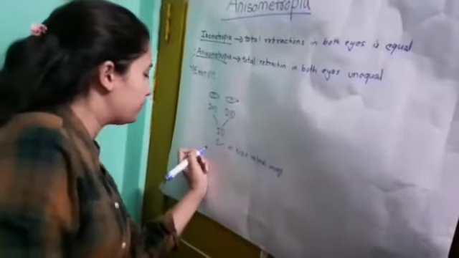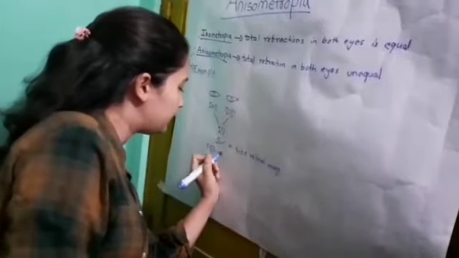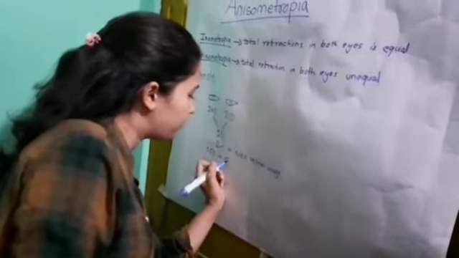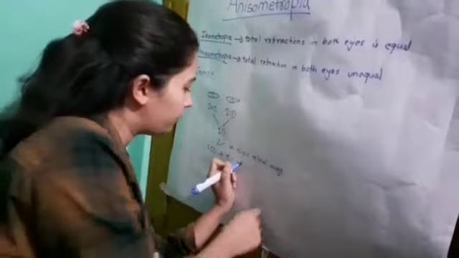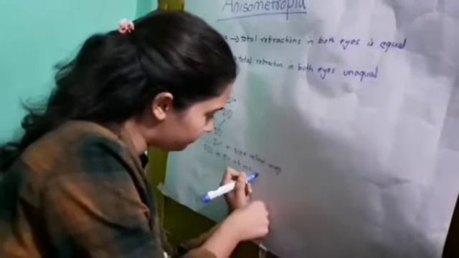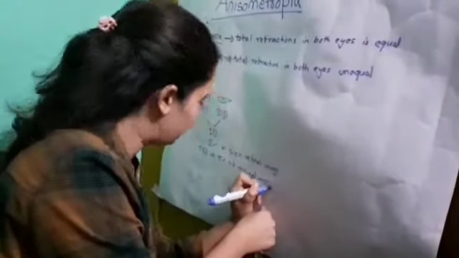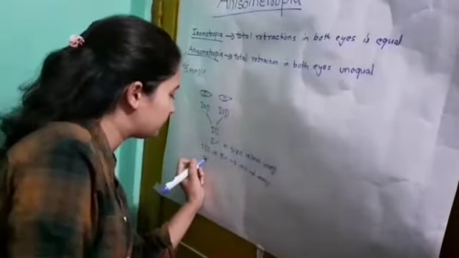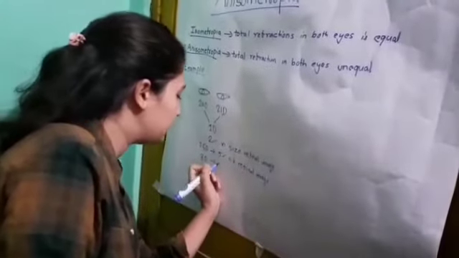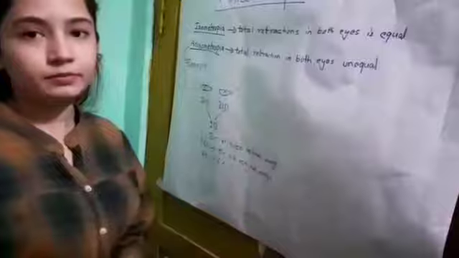If we have 2.5 diopter, then it causes 5% of retinal image difference. And if we have 3 diopter, then it causes 6% of retinal image difference.